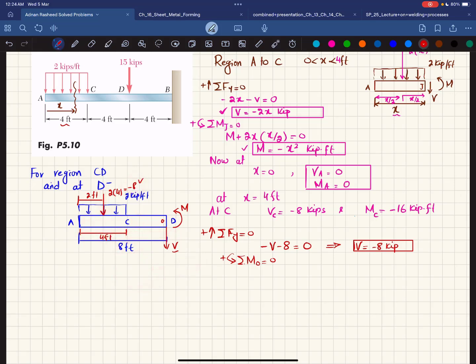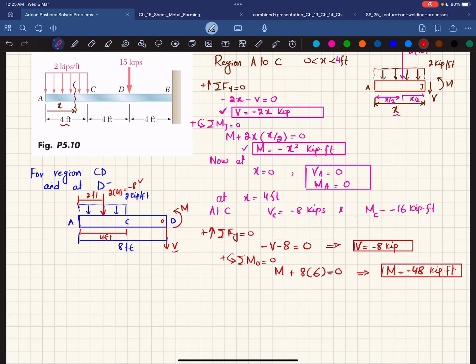So I can write plus M plus 8 multiplied by 6 is equal to 0. So what we will get is that moment will be equal to minus 48, and unit will be kips into feet. This is just at D negative.